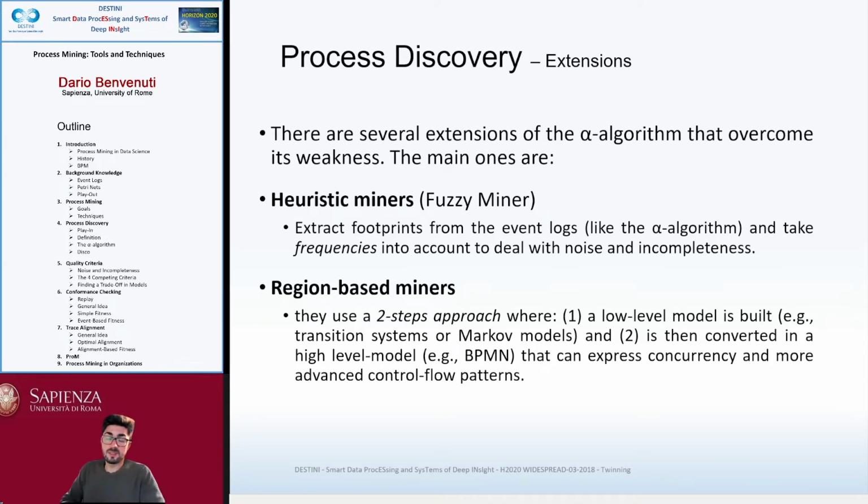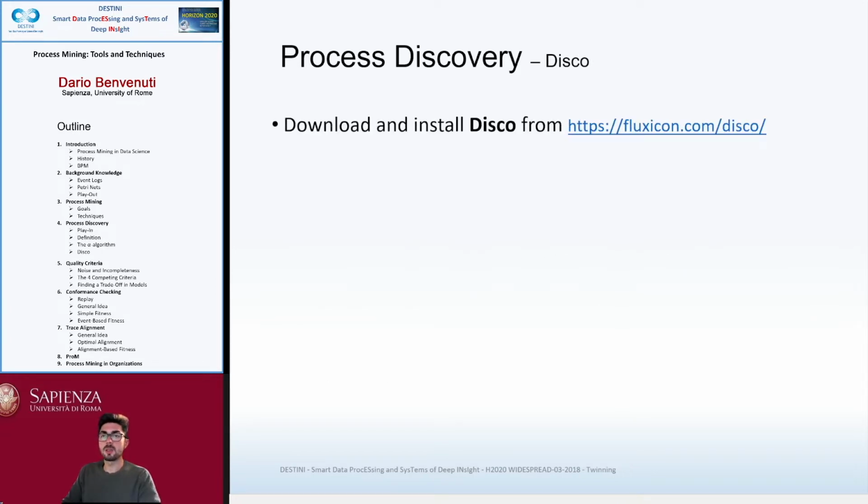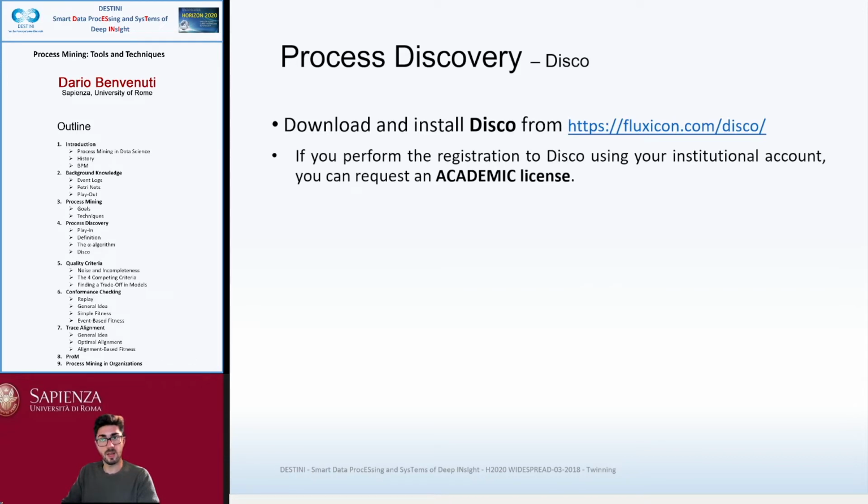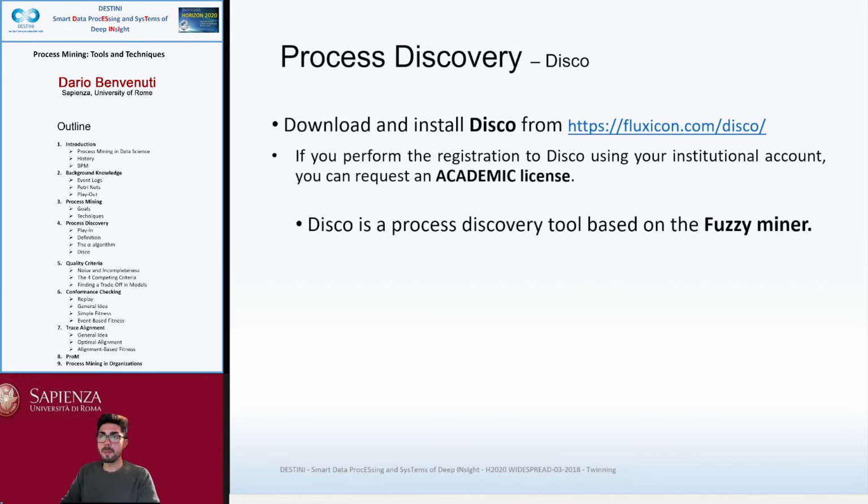These techniques try to overcome its weaknesses and are implemented by the main commercial software. For example, we could use Disco, which you can download and install from the link here in the slide. And maybe through your institution you could even obtain an academic license.